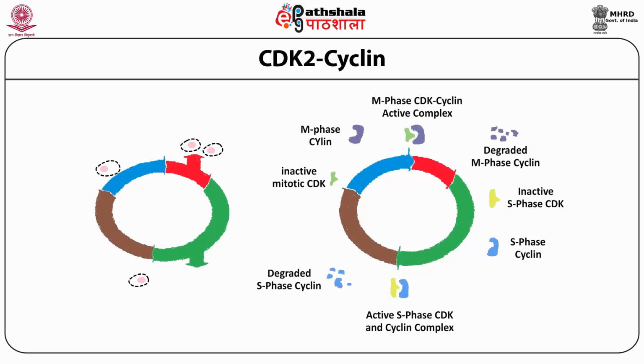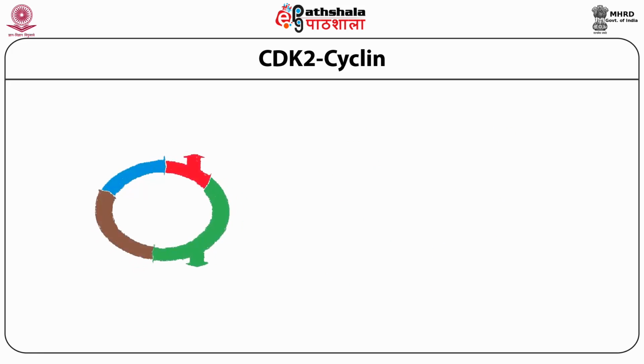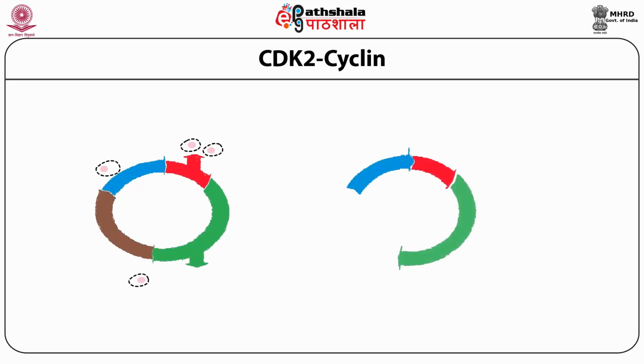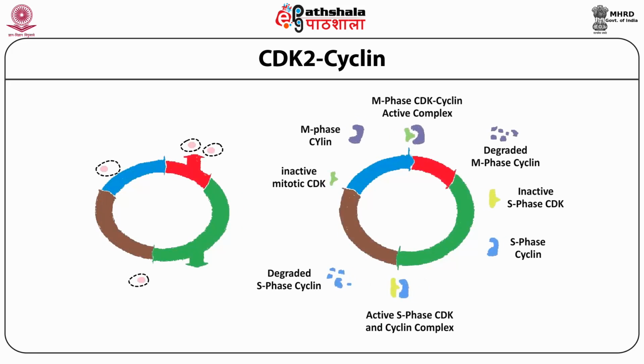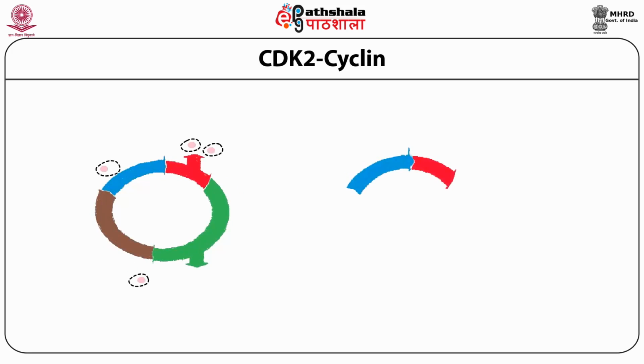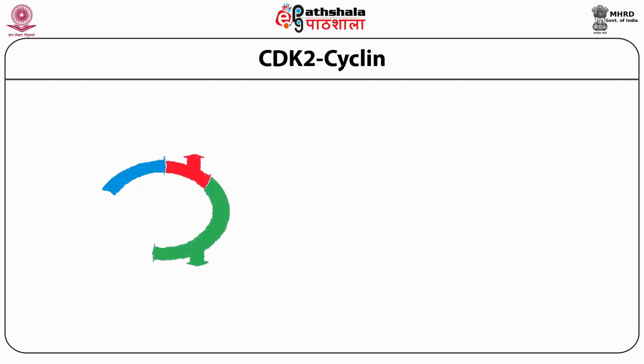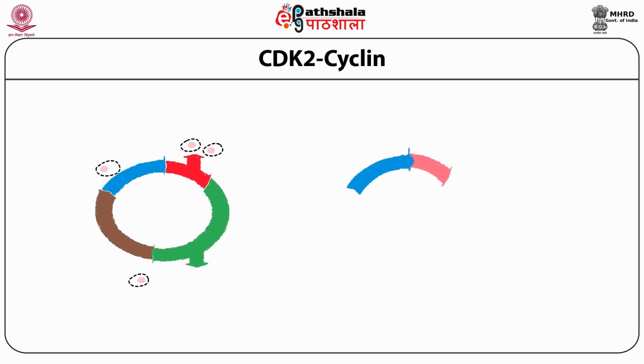In the beginning of G1 phase, the cyclin dependent kinase is expressed, which is non-active. In the middle of G1 phase, the specific cyclin is expressed and binds to this cyclin dependent kinase. Once it binds, it activates this kinase.